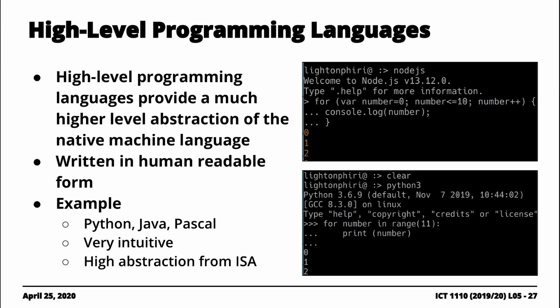All right, I thought I'd draw our attention to specific examples of high-level programming languages. On this particular slide, I have screenshots for two types of languages, right? This is JavaScript and this is Python.